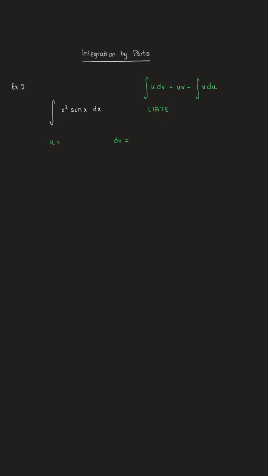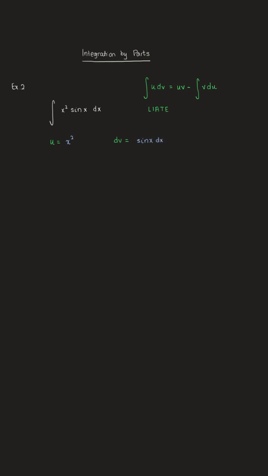Do we have an algebraic function? And here the answer is yes, we do. Because x squared is an algebraic function and sine x is a trigonometric function. Because A is earlier on in our acronym, we're going to let u be x squared, and everything else in the integrand will be our dv, which will be then sine x dx.